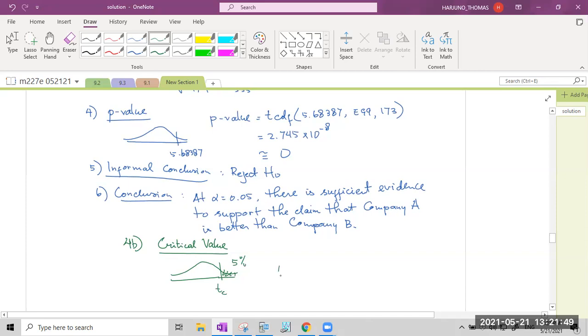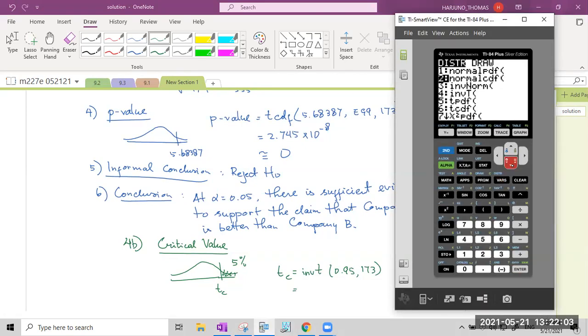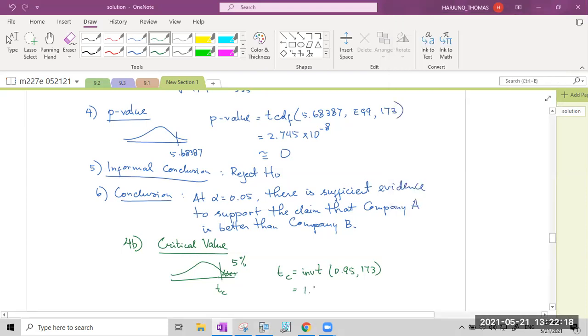T critical is inverse T, area to the left 0.95, degree of freedom 173. That gives 1.65371.